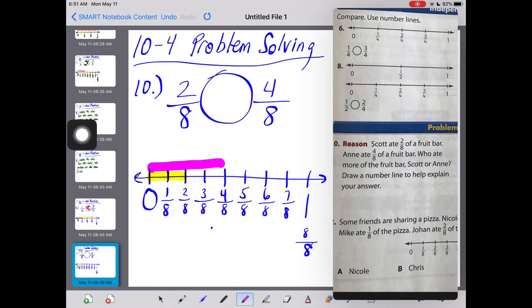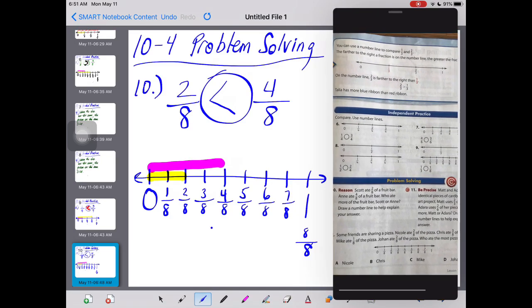And then we have over here 4/8: 1, 2, 3, 4. I'd say that one went a little further along the number line than the 2/8, right? So we could say that 2/8 is definitely less than 4/8, because that mouth is opened wide to the bigger fraction. So we have right there.